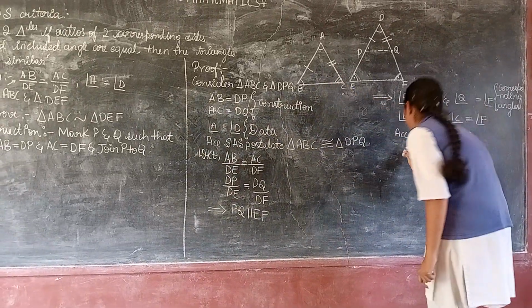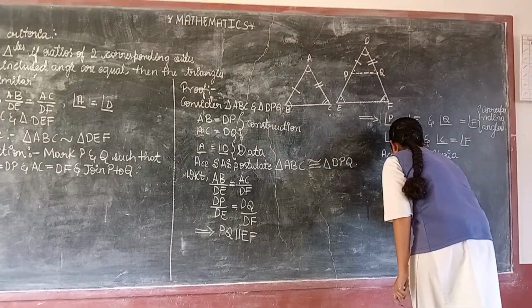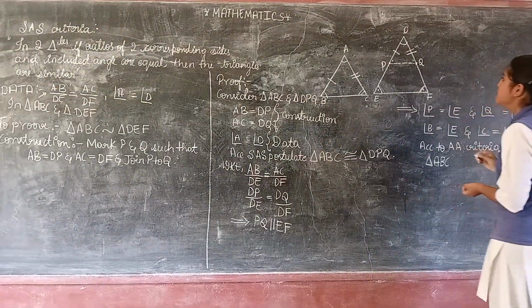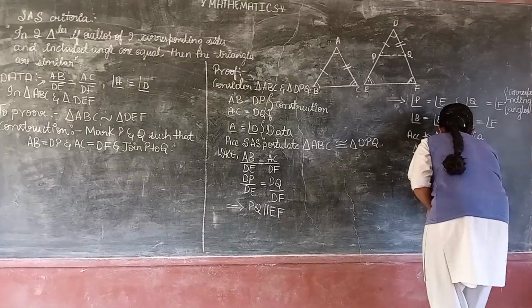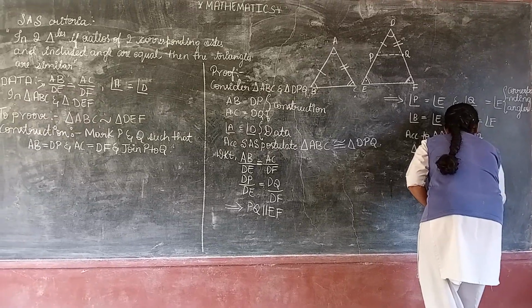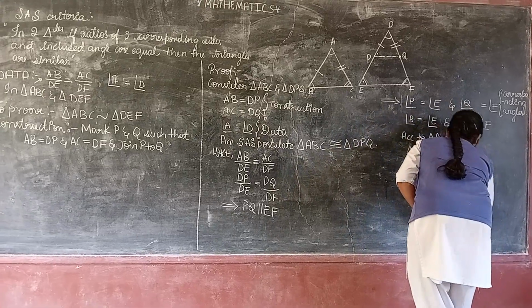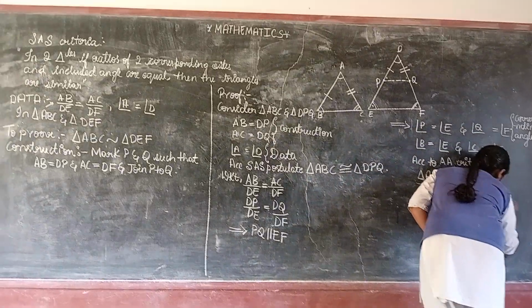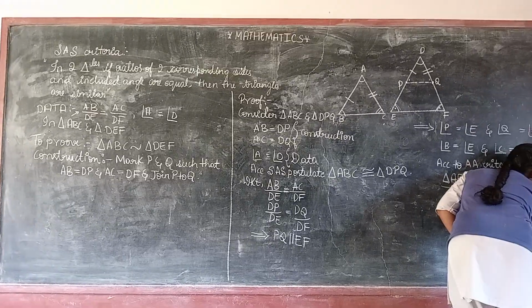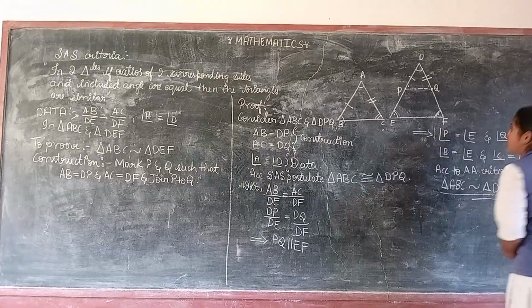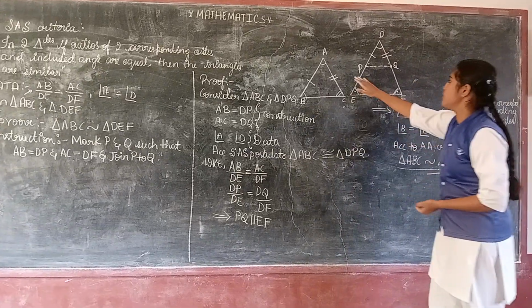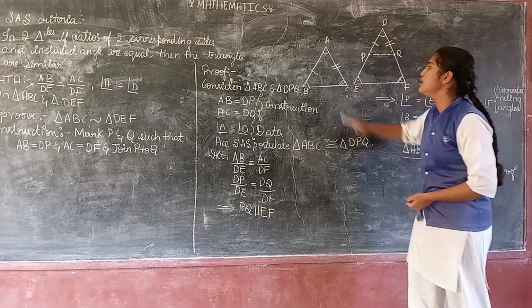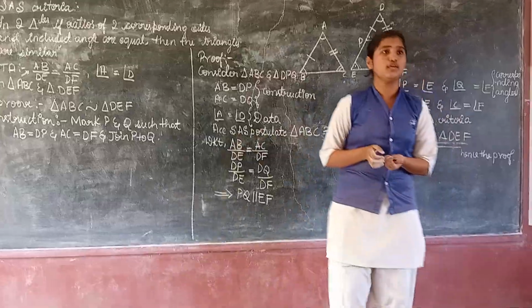Triangle ABC will be similar to triangle DEF. So hence the proof. We have proved that in two triangles, if ratios of two corresponding sides and included angle are equal, then the triangles are similar. Thank you.